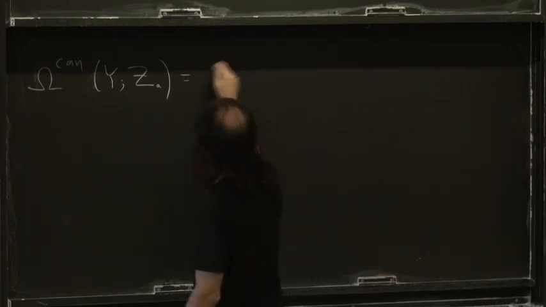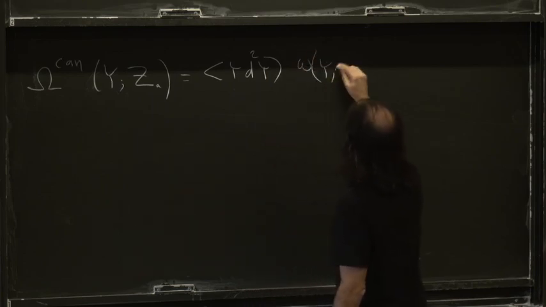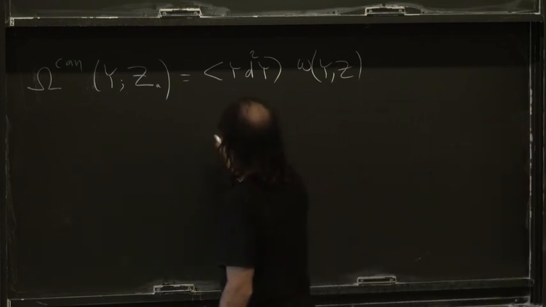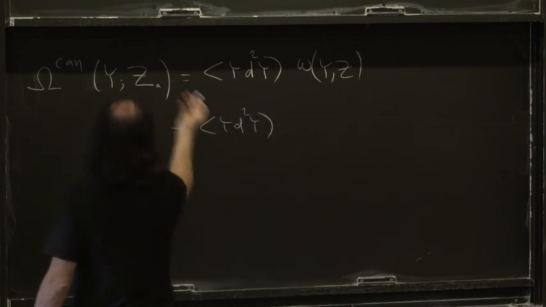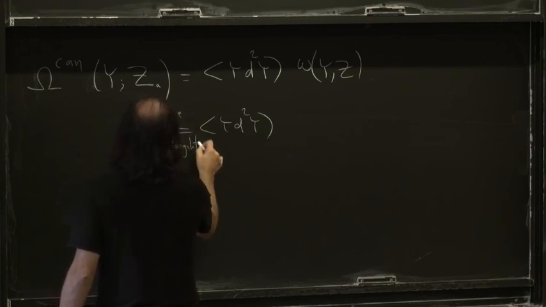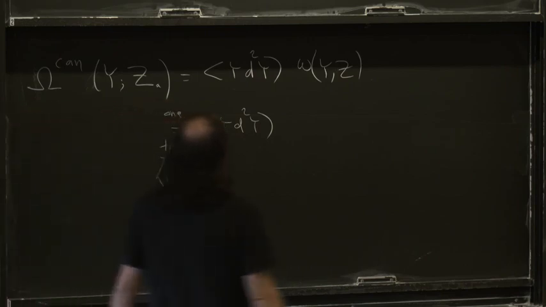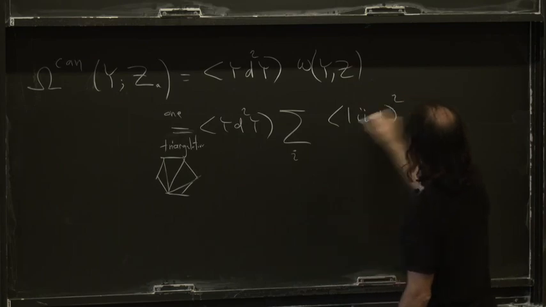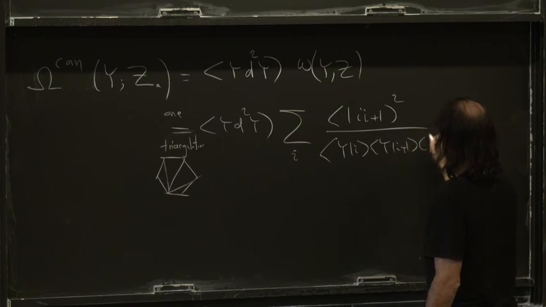Okay, so as we said, in every form we can pull out this <y d^2y>, and so it's some little omega of y and z. This is one triangulation. There are many ways of getting this answer, but one natural triangulation that we talked about, the one where you anchor all the triangles to 1, was <y d^2y> times the sum over i of <1 i i+1>^2 over <y 1 i><y 1 i+1><y i i+1>.